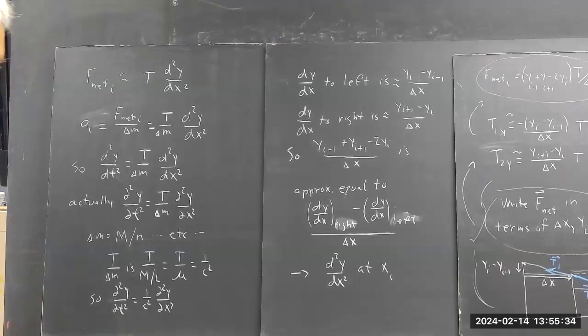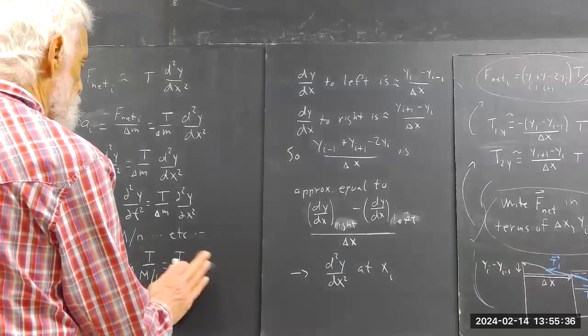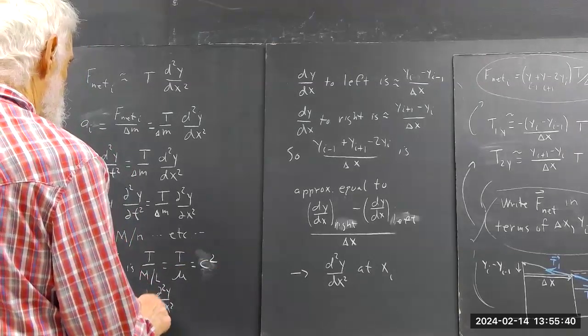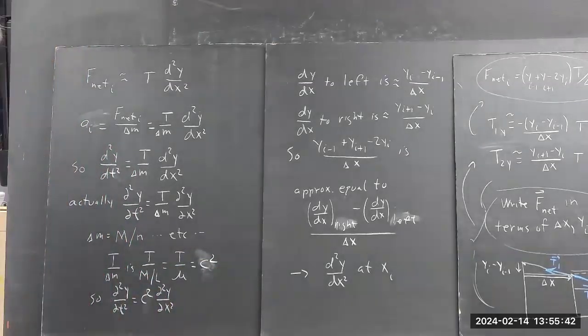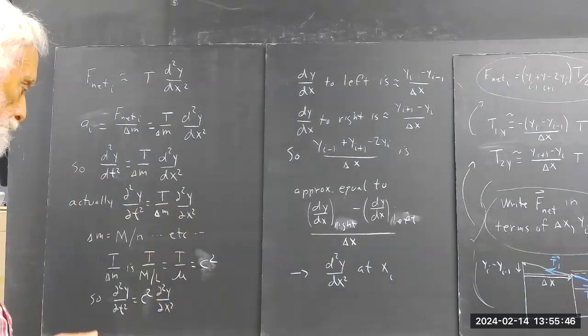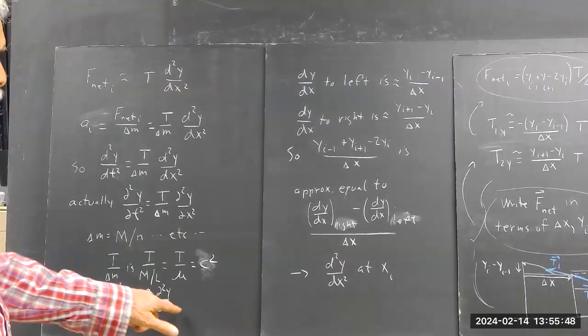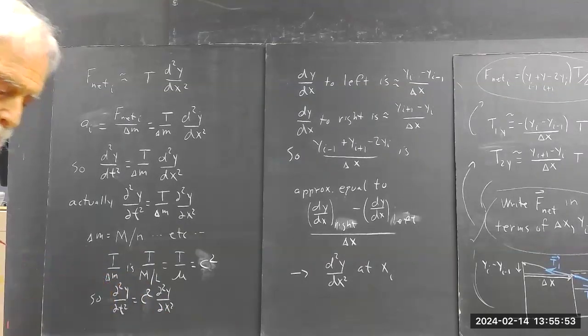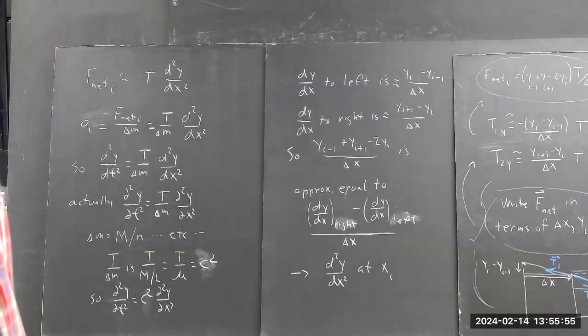Oh, I said this is 1 over c squared. This is c squared, not 1 over c squared, obviously. Someone knows quite well. Okay, so now the units match, and I just kind of wrote that down very carelessly. Often it's written with this on the left and the 1 over c squared on the second partial with respect to t.